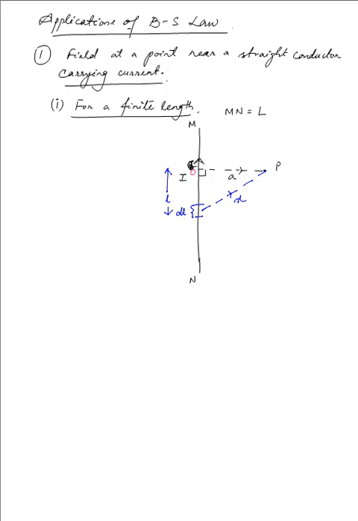Small l is the distance of the elementary length dl from that point O, and then the angle in this case is theta. We can consider another angle over here, near the point P, and we take that angle to be alpha.